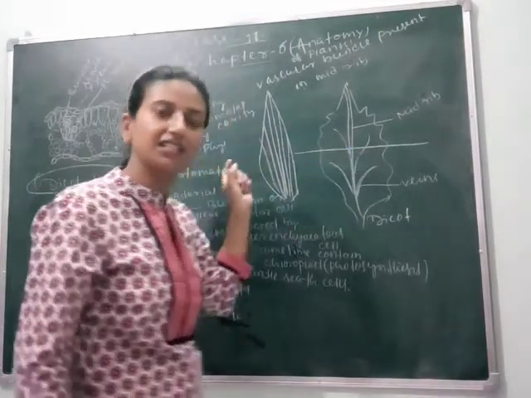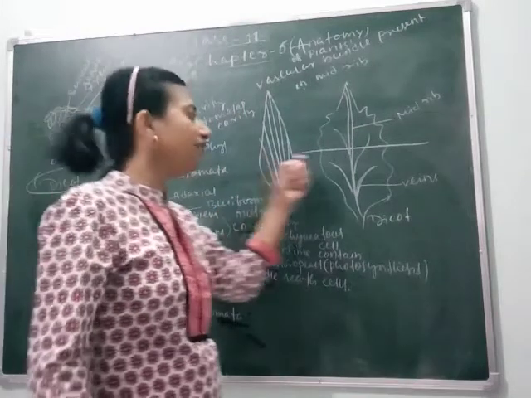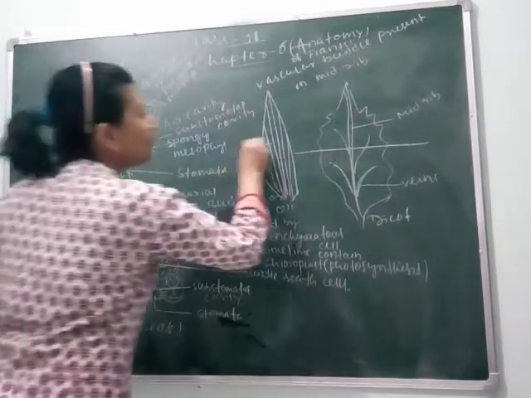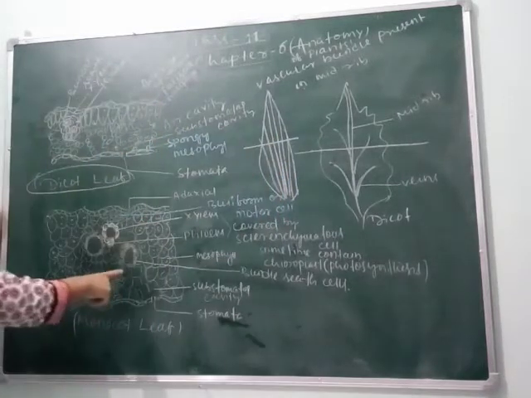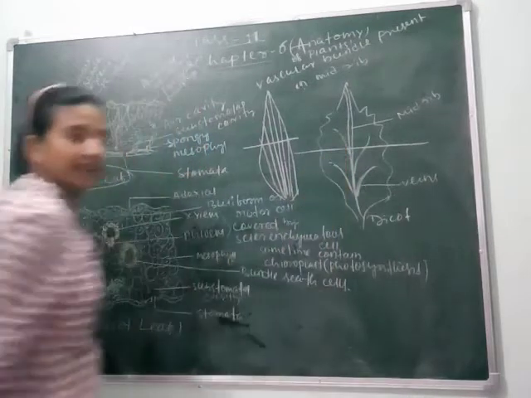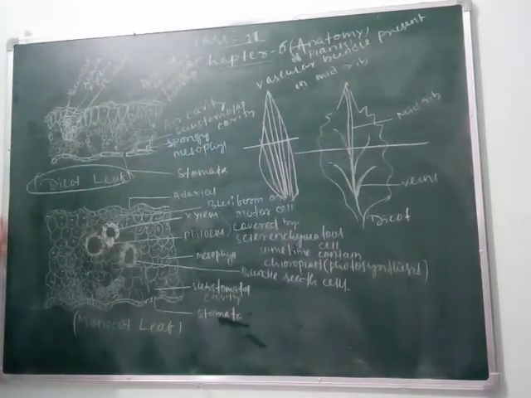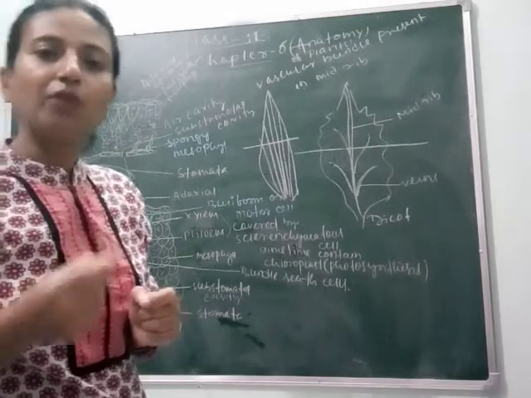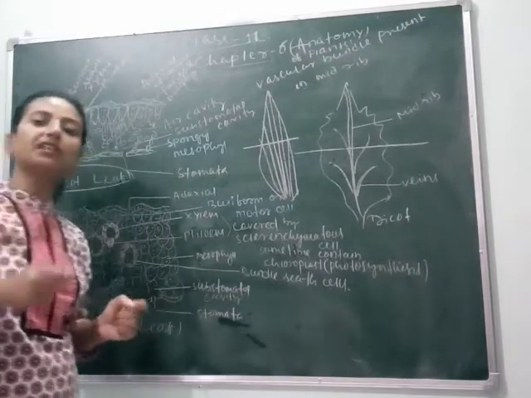This is the characteristic feature of monocot leaf and dicot leaf. Here the two diagrams represent, one the structure of monocot leaf, and this the structure of dicot leaf. So let us see what organs are found inside the transverse section of a leaf.